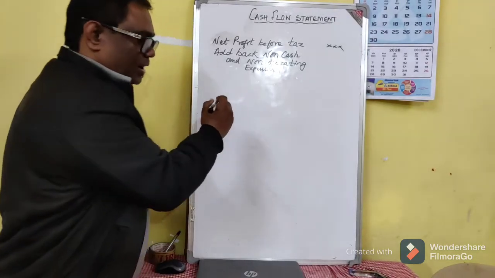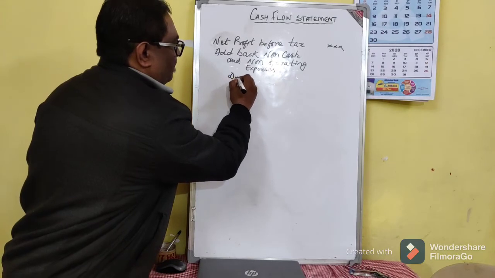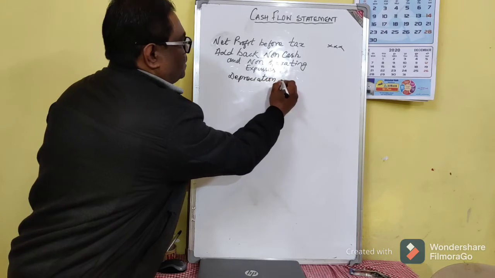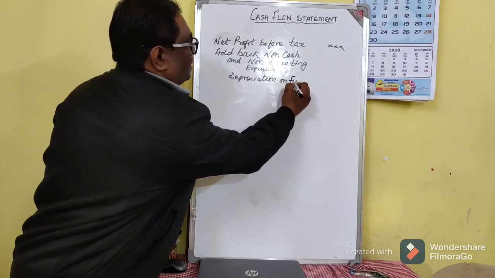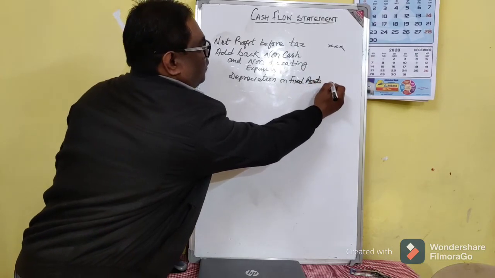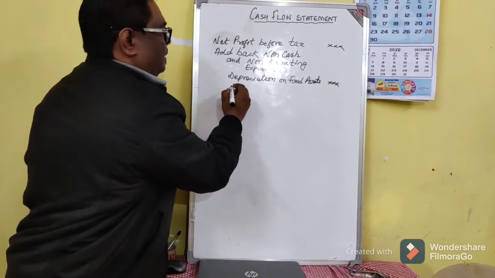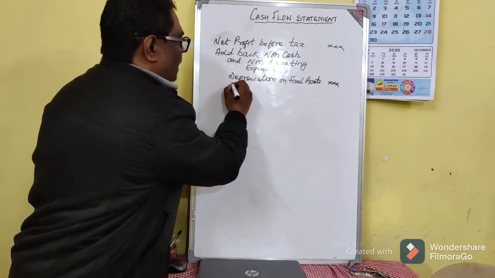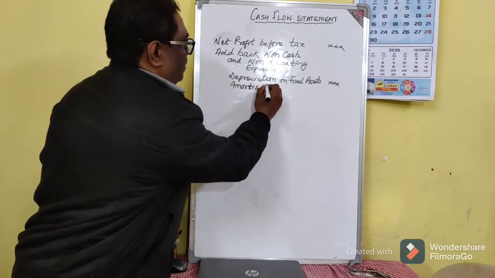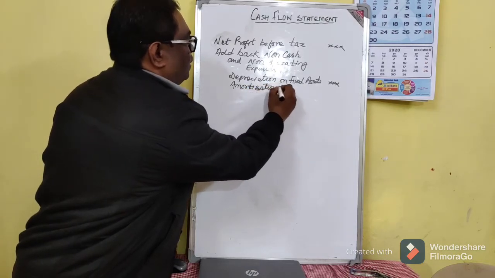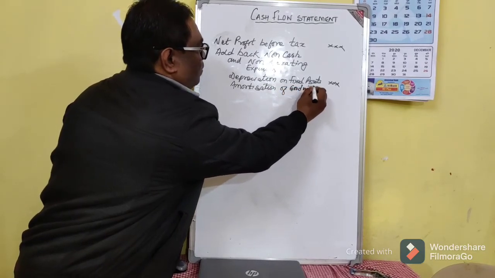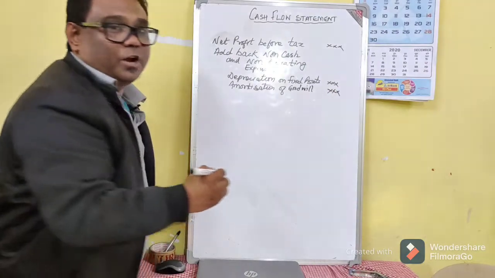Non-cash items: depreciation on fixed assets, then amortization of goodwill, or goodwill written off also.